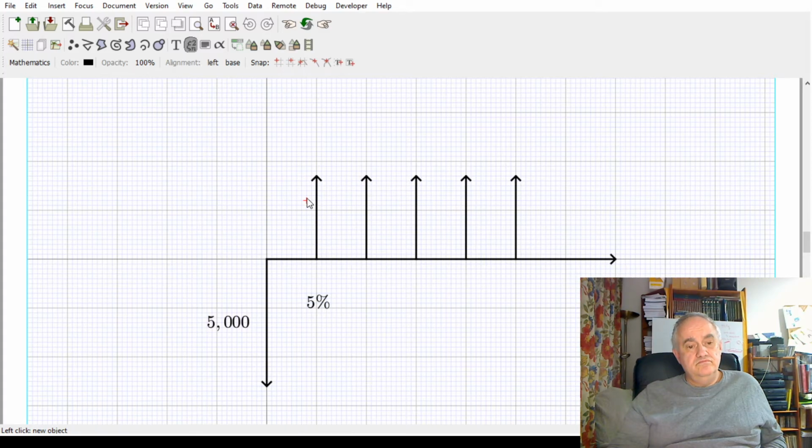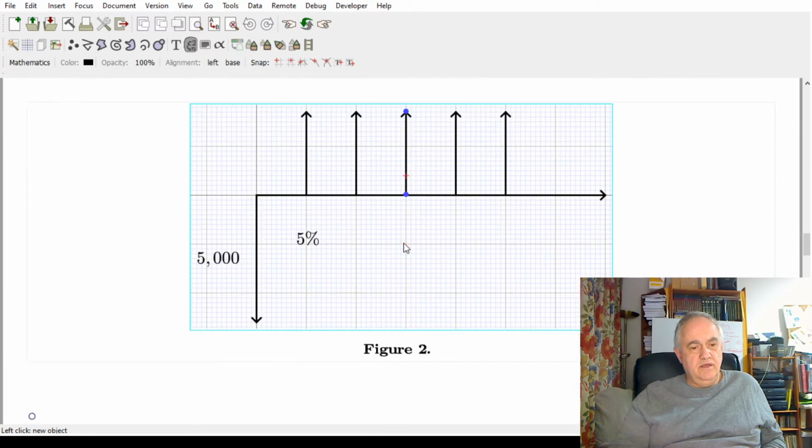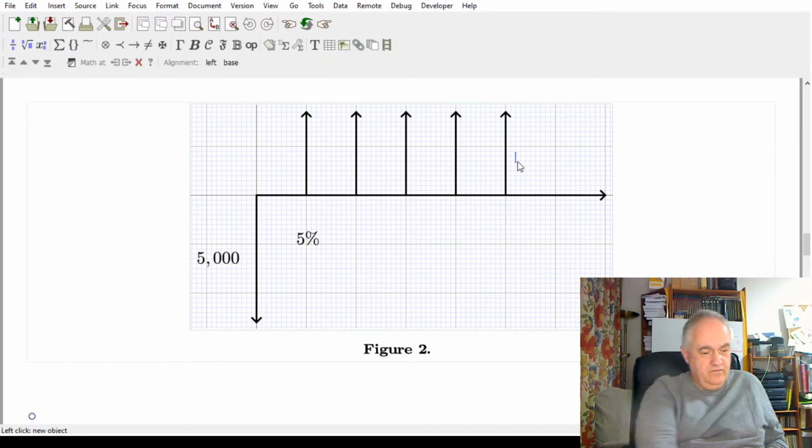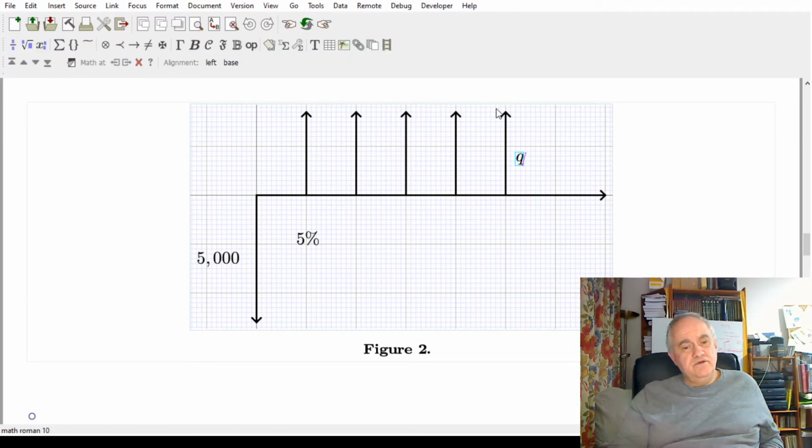So we're just repeating the process. I will crop this to make it smaller. And we will just obtain this Q. So this Q is repeated 5 times.